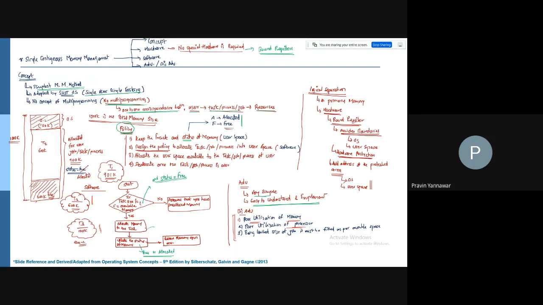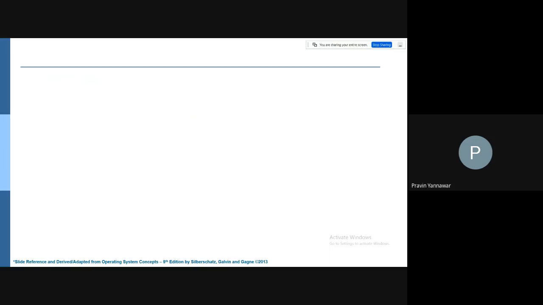Now, in order to solve this particular problem, we have got a concept of partition memory management scheme. Okay, so we have got a concept of partition memory management method.